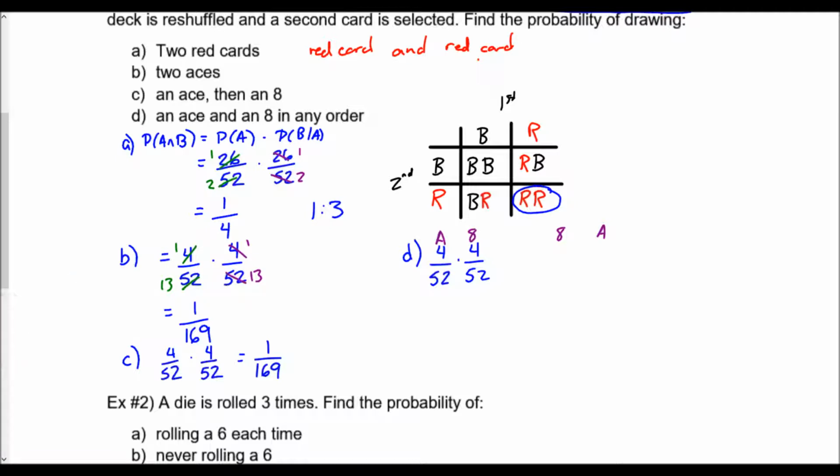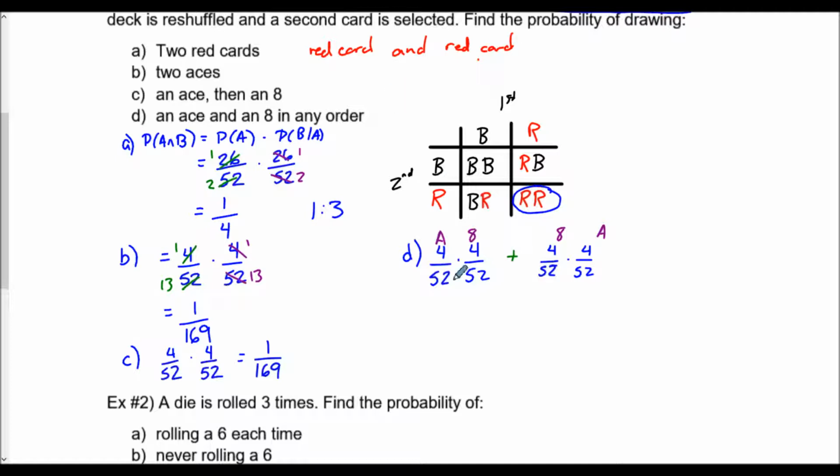And since we can have that probability, the probability of it being 8 first, being multiplied by the probability of the second one being an ace, what we're going to do is add those probabilities.